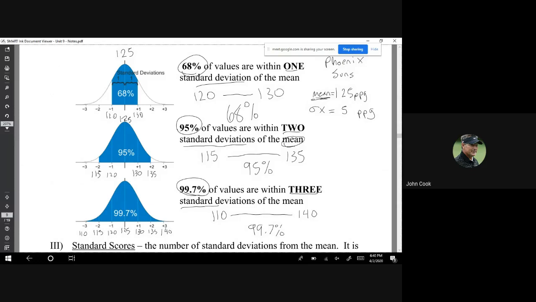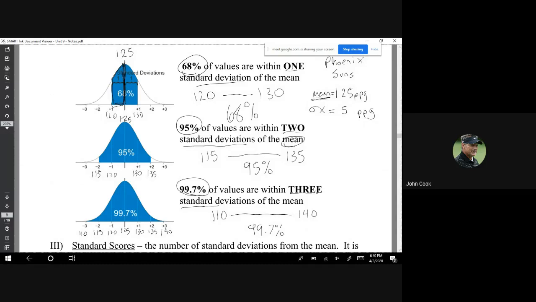And I want you to also remember that it's important to note that over this little line, the mean, this is symmetric. So even though this is 68%, that means that this percentage and this percentage above and below the mean are the exact same. So how would I be able to find just the percentage of this group of games, between 125 and 120 points?